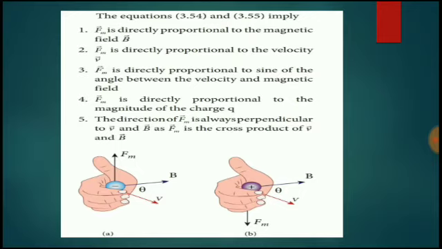See this diagram. If you consider a positive charge, the force is in a perpendicular direction, and the angle between V and B is theta. For a positive charge the force is in the downward direction, and the force is always perpendicular to the velocity of the charge and the magnetic field.